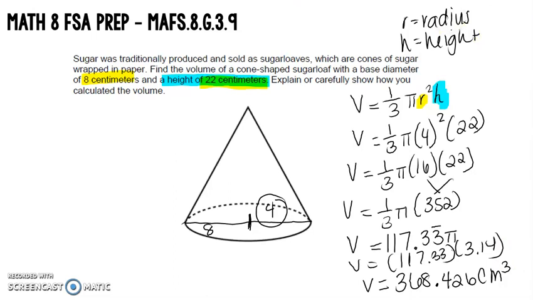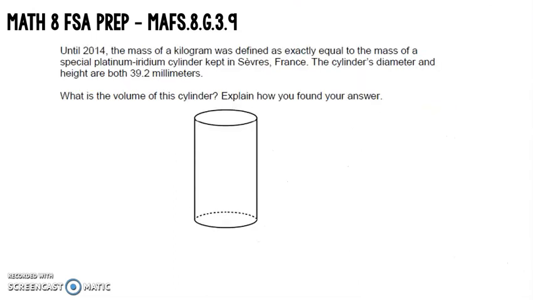All right. Moving right along, let's go ahead and recall our cylinder formula. So the volume for a cylinder, what is that formula? That formula is volume equals pi r squared h. So pi r squared h.